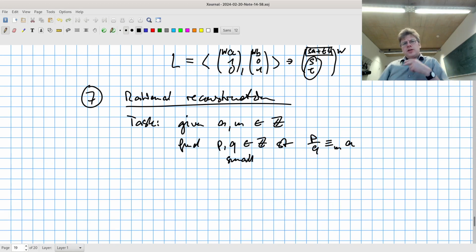That's a bit in spirit a little bit similar to Diophantine approximation, the first application we discussed today, except that in Diophantine approximation, you have as input a numerical approximation of a certain number, and you want to reconstruct what number was that, what rational number has led to this approximation.